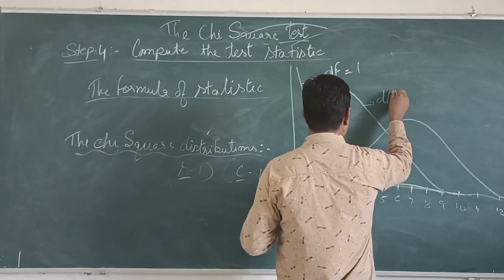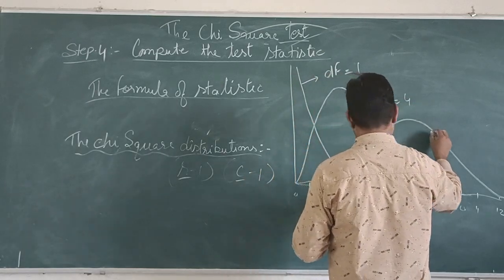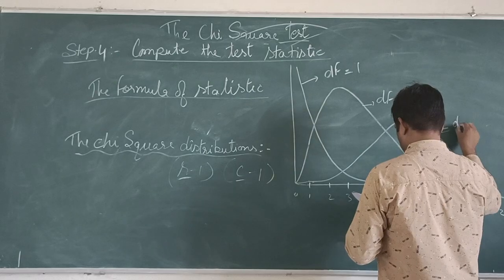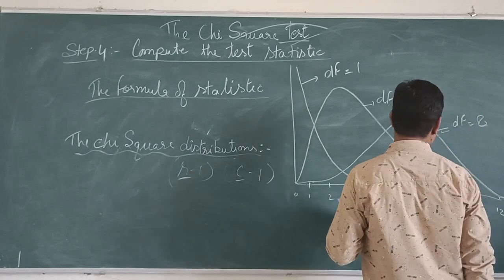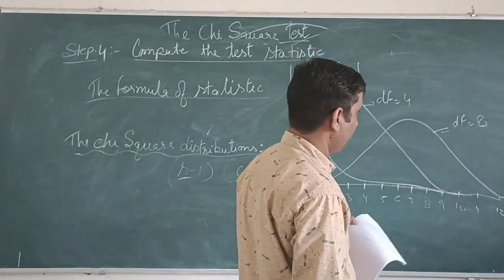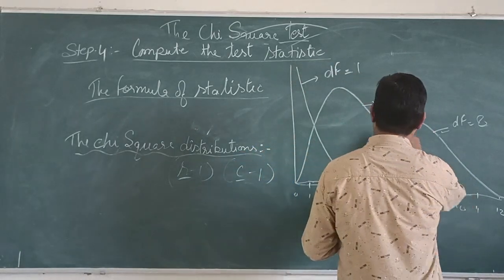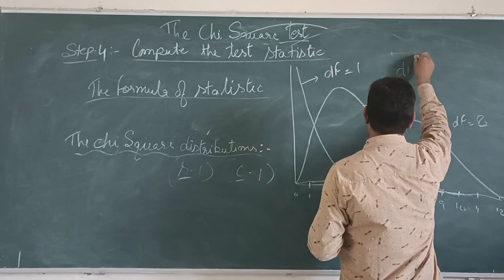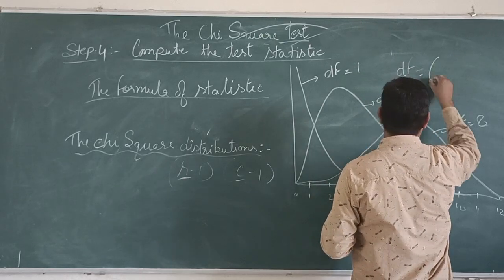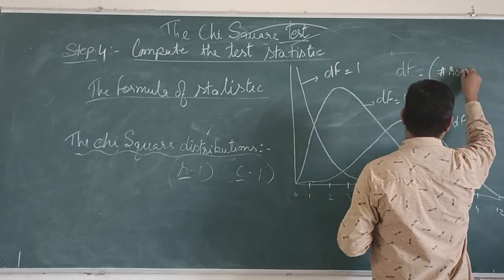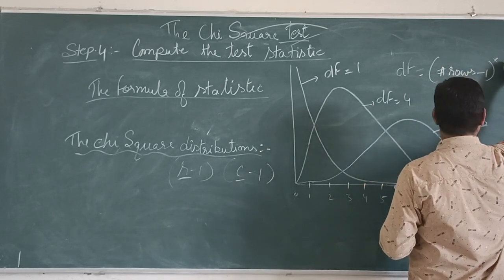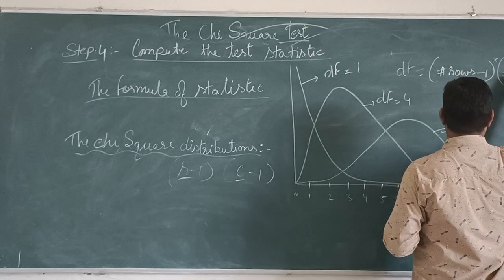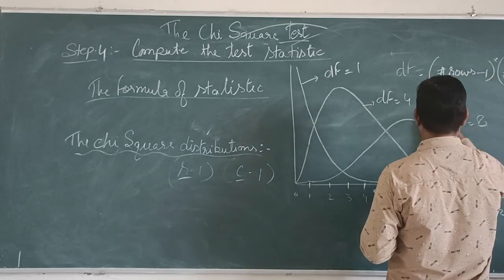For that, df value is equal to 4. For that, df value is equal to 8. How can we define the df? We can say that df value is rows minus 1, columns minus 1.